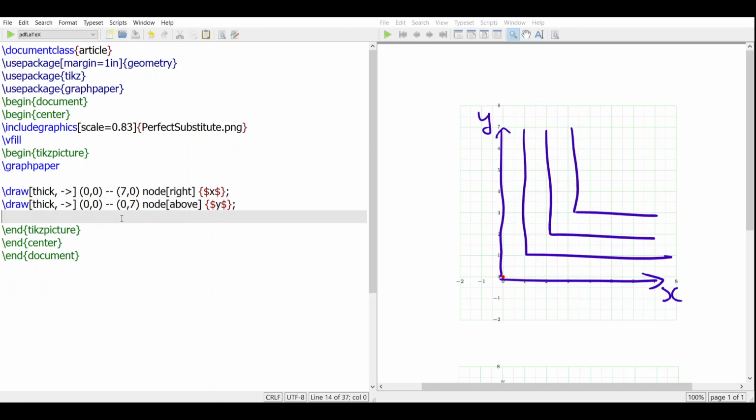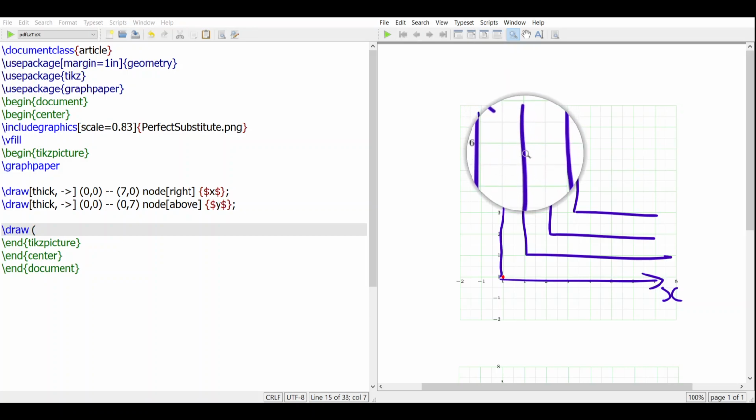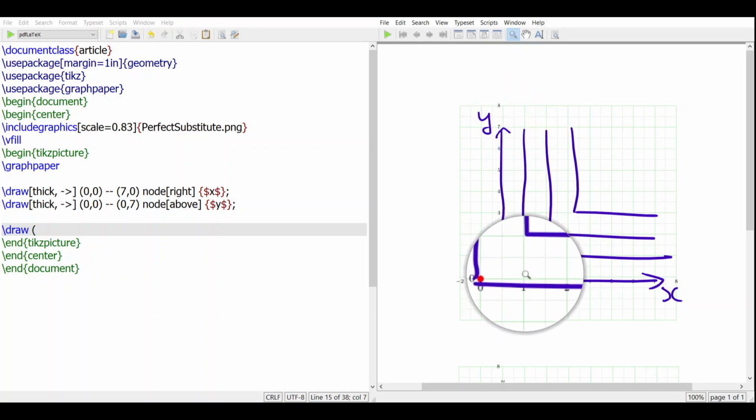Okay, and let's draw it. We can draw it from 6, 0 to 6, 1, to 1, 1.